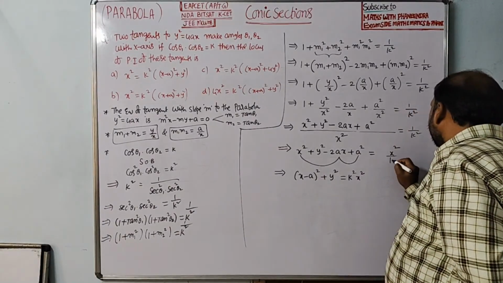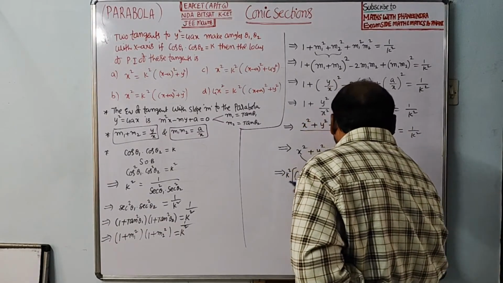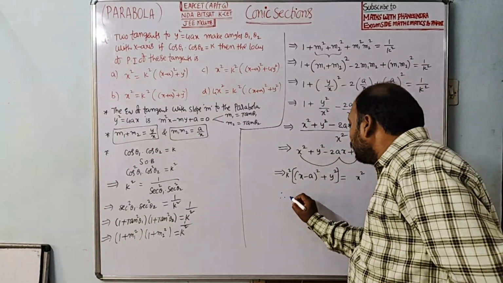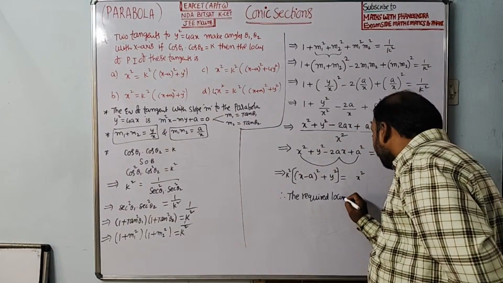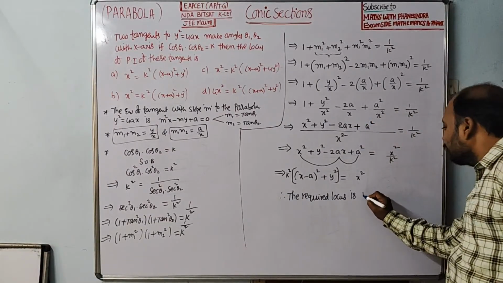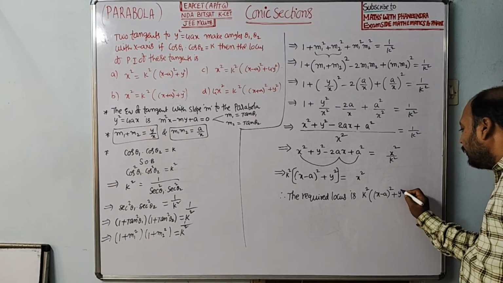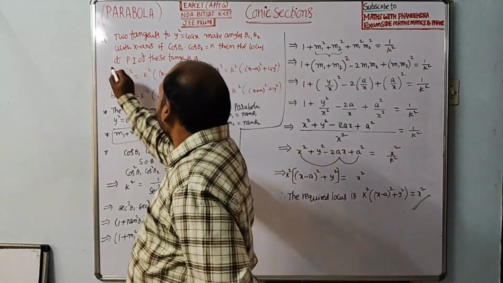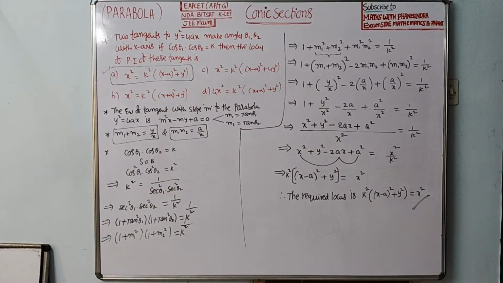So this is x square by k square, so k square into x minus a whole square. Therefore, the required locus is k square into x minus a whole square plus y square is equal to x square. So it is there in the first option, dear students. Once you verify whether it is correct or not, yes, it is absolutely correct.